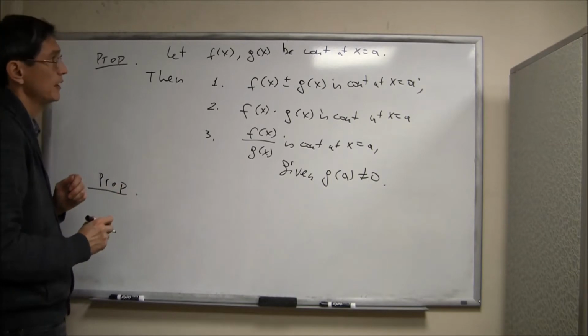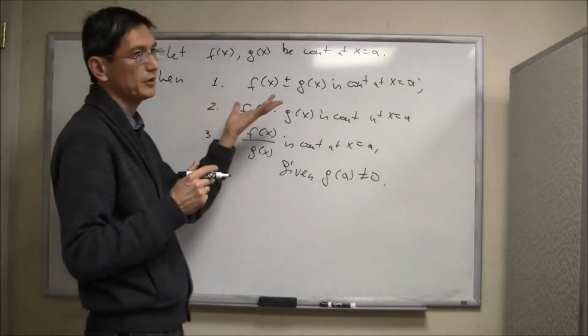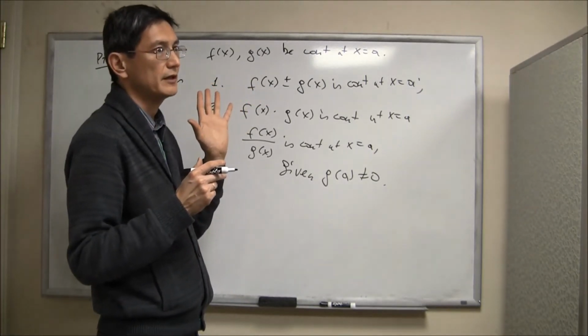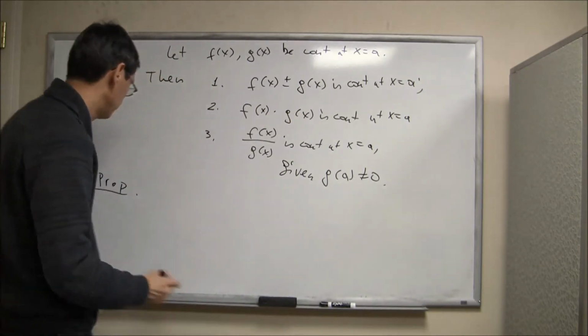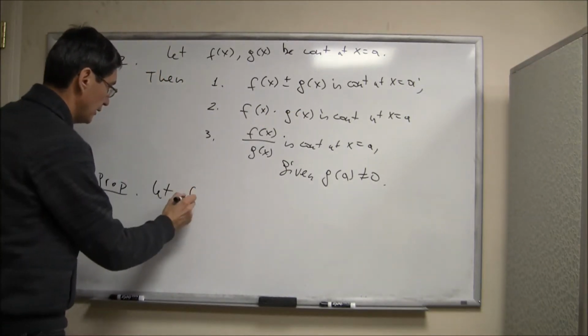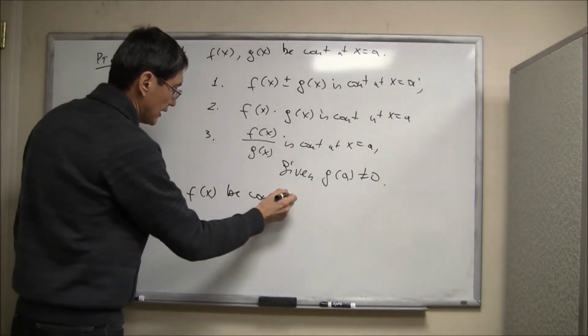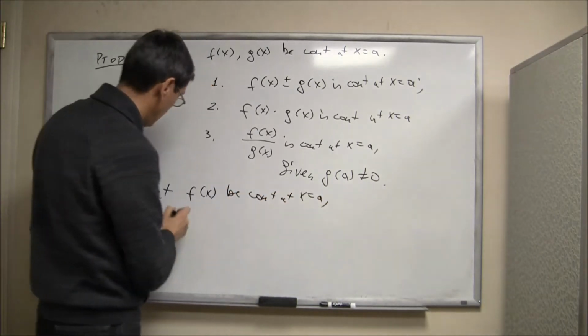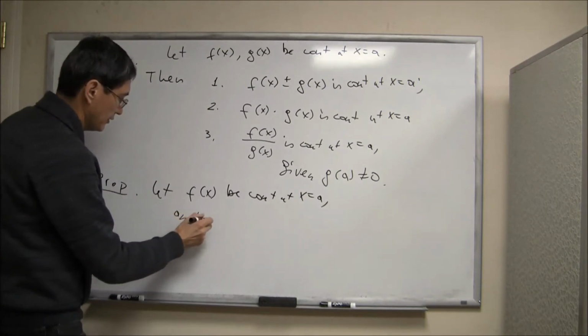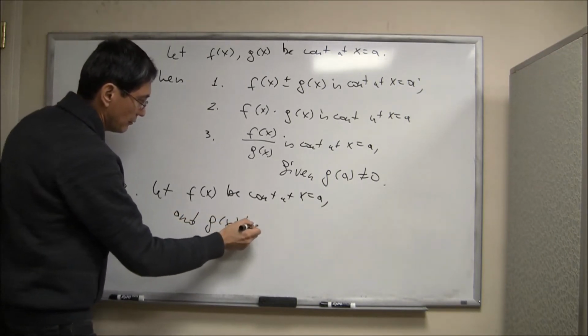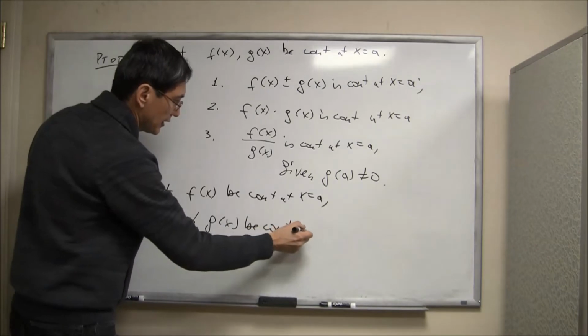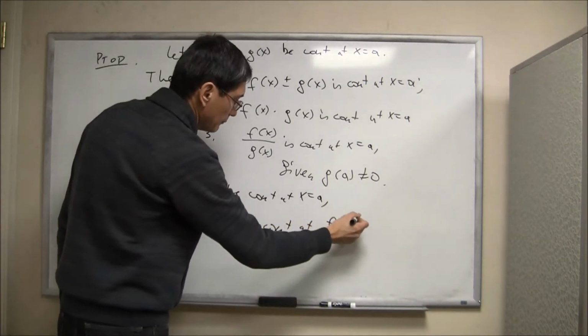Next proposition is about a similar statement, but about taking the composition of two continuous functions. Let f of x be continuous at x equals a, and g of x be continuous at f of a.